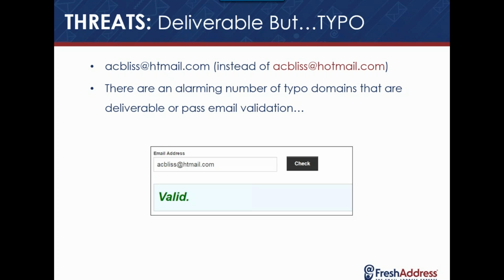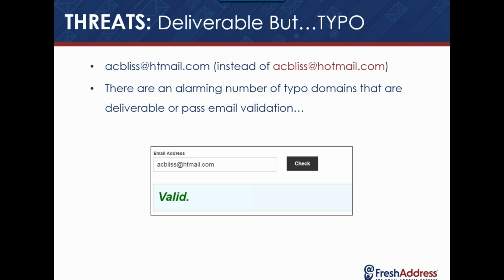This one happens usually by accident. In this example, you see acbliss@htmail.com instead of hotmail.com. It's a common error to mistype or forget a letter in the domain name. There are an alarming number of typo domains that actually pass email validation, and those need to be weeded out.